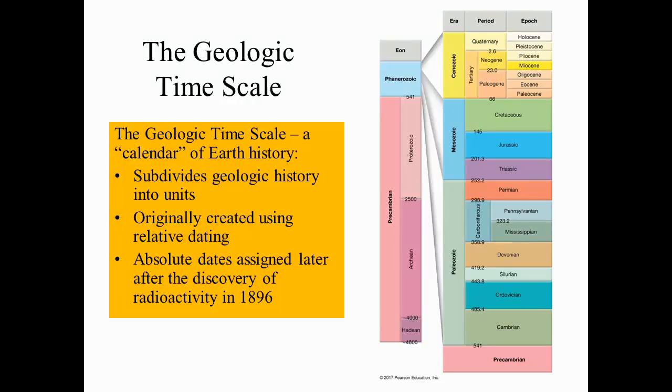And as a result, geologists have been able to construct what's known as the geologic time scale, or basically a calendar of Earth history. The time scale subdivides geologic history into units and was originally created using relative dating. Absolute dates were assigned later after the discovery of radioactivity back in 1896.